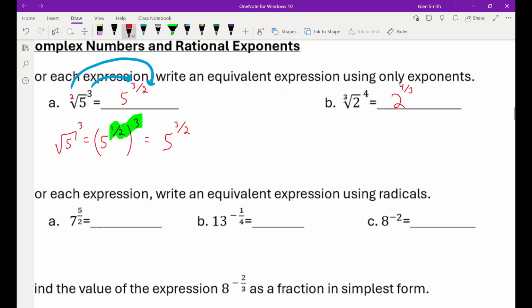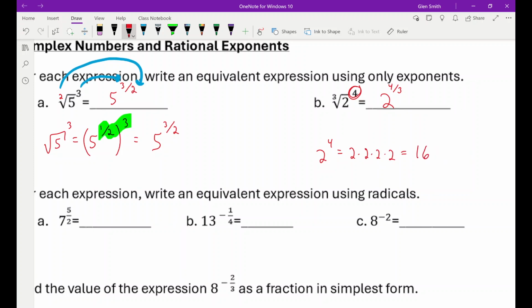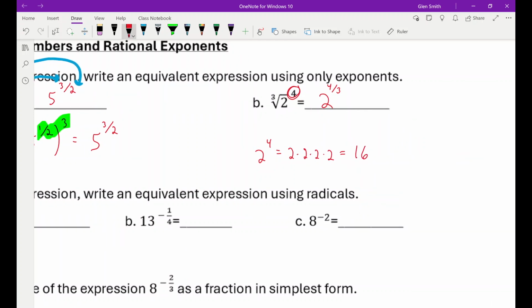So let's just stick with B. Like, I can raise 2 to the 4th, which means 2 times 2 times 2 times 2 is just 16. So because 2 to the 4th is 16, this thing here is the same thing as the cube root of 16. So you might also see somewhere along the lines where this is just 16 to the 1/3.